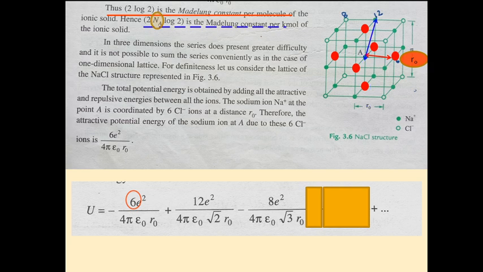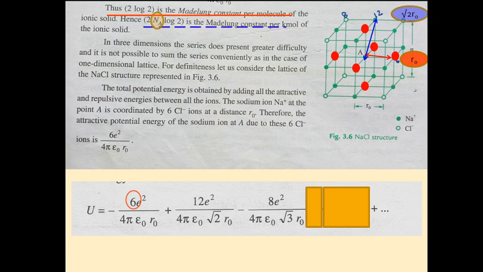Let us check another distance and how many ions are available there, as shown by the blue arrow, and that is a diagonal distance in one plane. I am repeating, the blue arrow is a diagonal distance in one plane. As I mentioned, there are 12 such positions available.